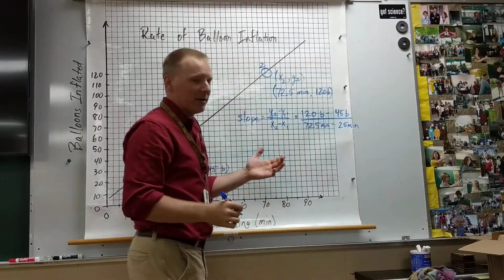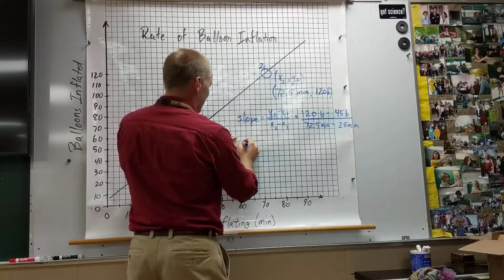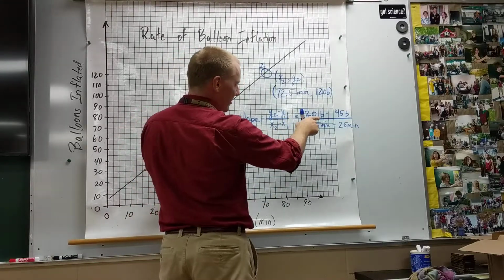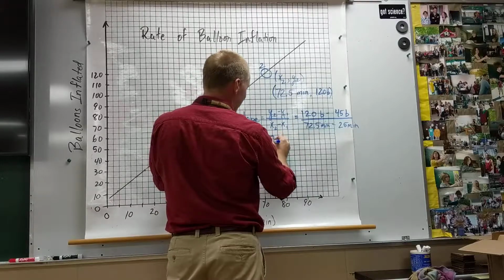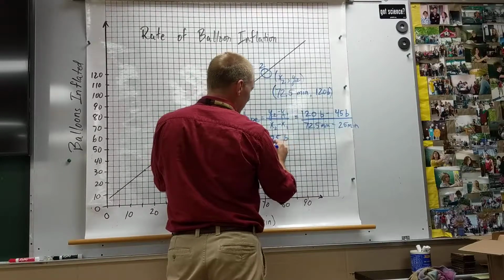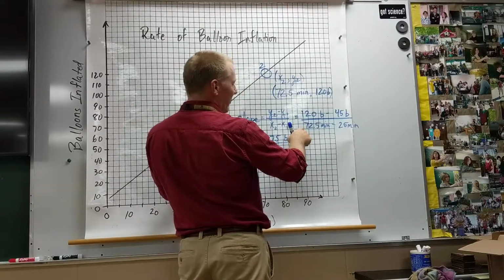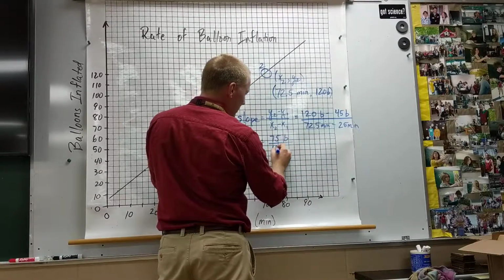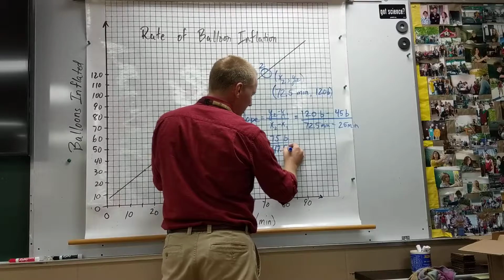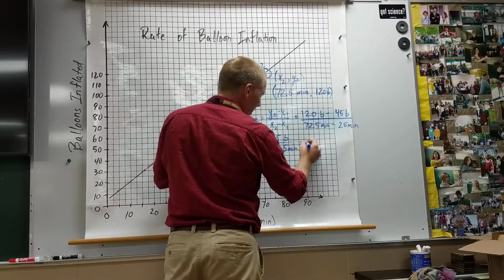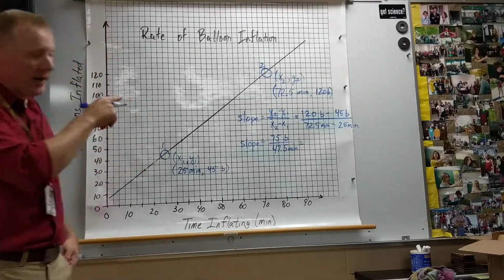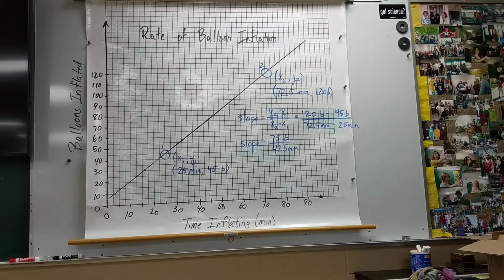You can always use your calculator in my class to do this. Slope then is going to be equal to 120 minus 45, which is 75 balloons, over 72.5 minus 25 minutes, which is 47.5 minutes. And then to find my final answer, I need to divide those. So hang on one sec while I grab my calculator.